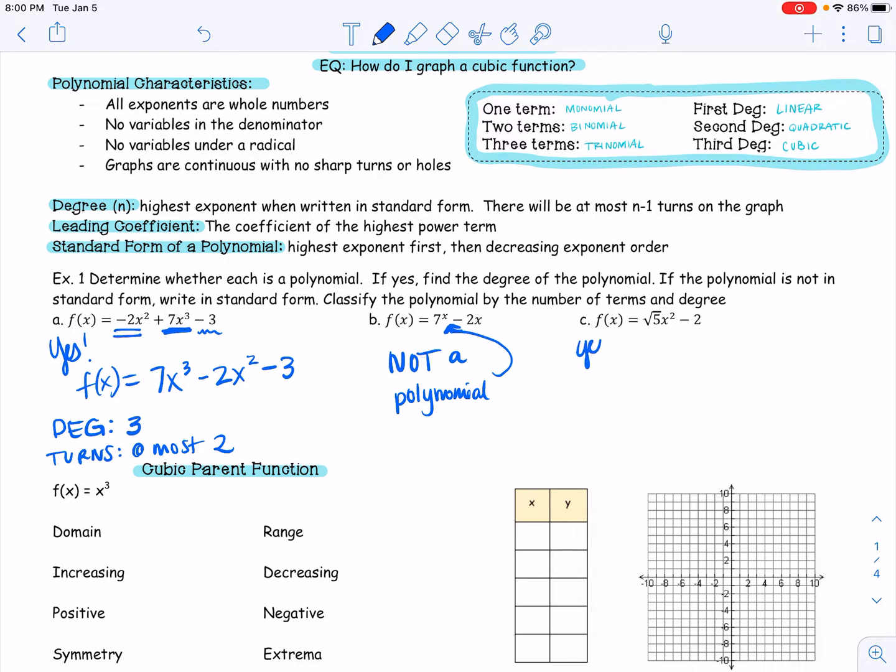So yes, it is a polynomial. Is it written in standard form? Is the highest exponent first? Yes, it is. There's only 2 terms. It's a binomial. And our highest degree is 2, which means it's going to have at most 1 turn.